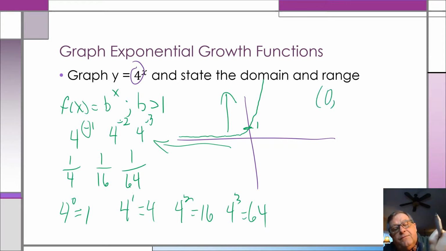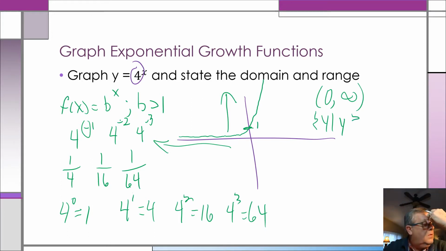It just keeps getting infinitely closer and closer to 0 out to infinity. Or if we wrote that in set builder notation, we might say y such that y is greater than 0, but it never equals 0. Okay, well, let's go graph the function and we'll take a look at it.